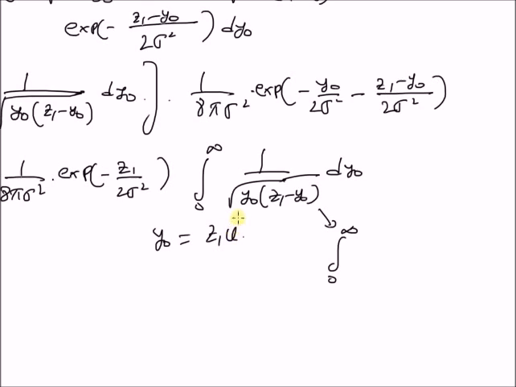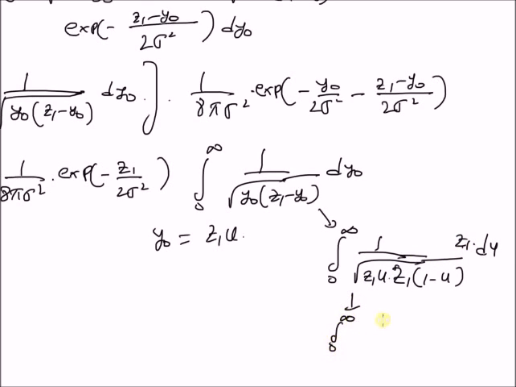So this becomes 1 by the square root of z1 into u multiplied by z1 into 1 minus u, multiplied by z1 into du. Clearly the value z1 cancels and we are left with the integral from 0 to infinity of 1 by the square root of u into 1 minus u, du. Let us call this function, which is independent of z1, A.